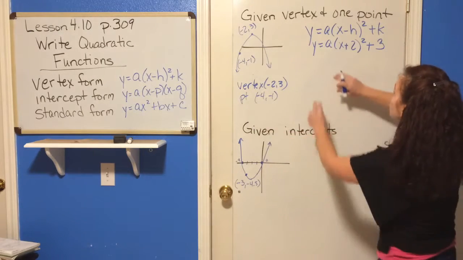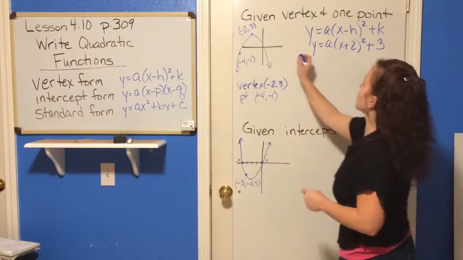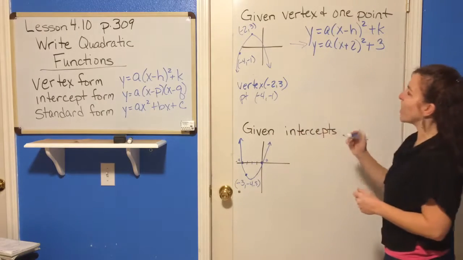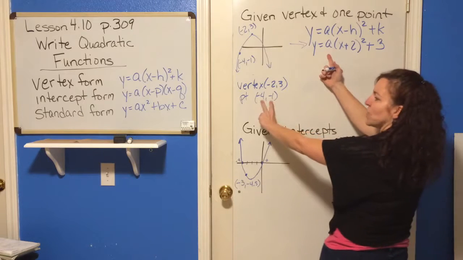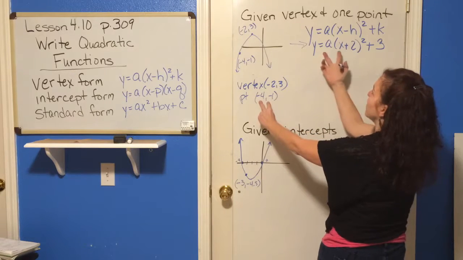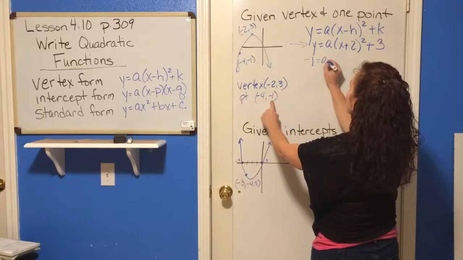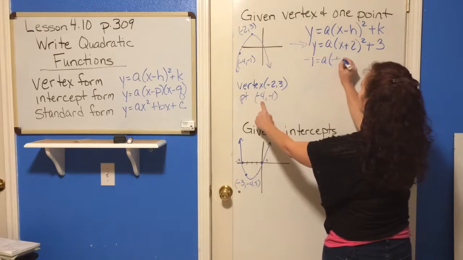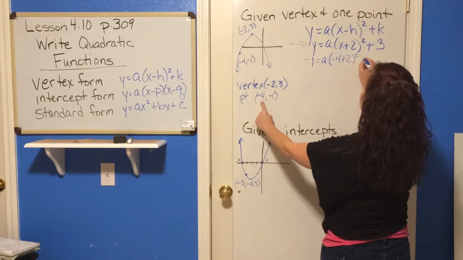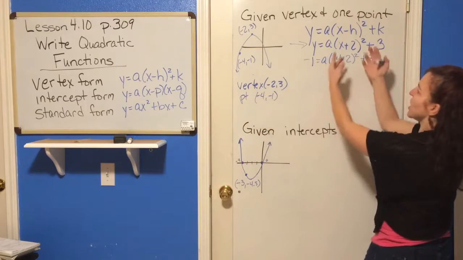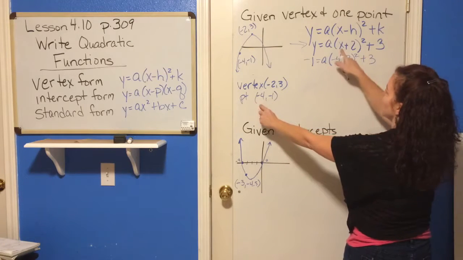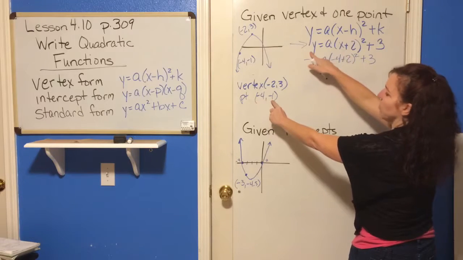This is your starting point. Now you have to find a. You're going to do that by plugging in this point for your x and y. So y is -1 equals a times (-4 plus 2) quantity squared, plus 3. Did you see I just brought everything down and put the x in for x and the y in for y?